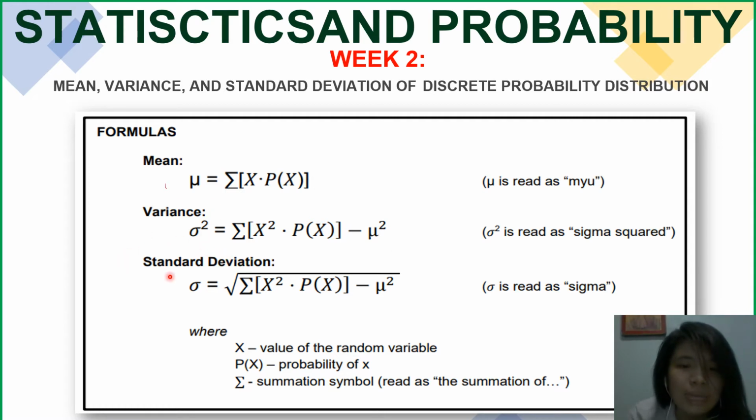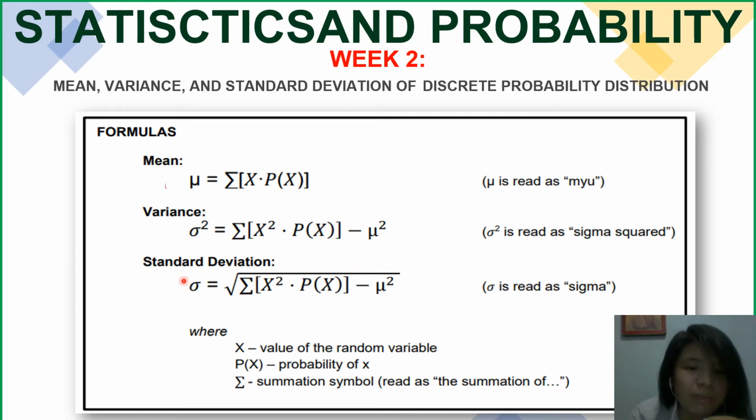And lastly, standard deviation. Its symbol is sigma only. And as you notice, the formula for variance and standard deviation is just the same. Their only difference is the square root in standard deviation.